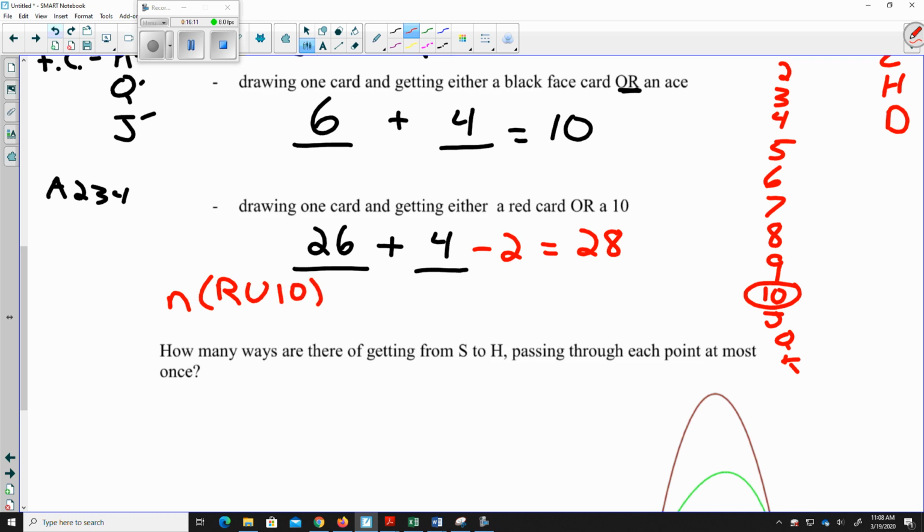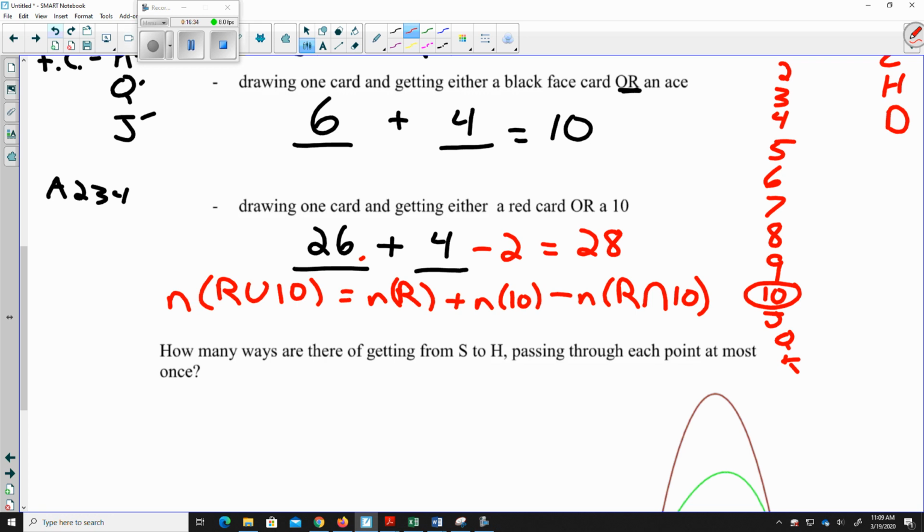That's the OR that we talked about before. So that's just your number of reds, 26, plus the number of 10s, which is 4, minus the number of ones that are red and are a 10.